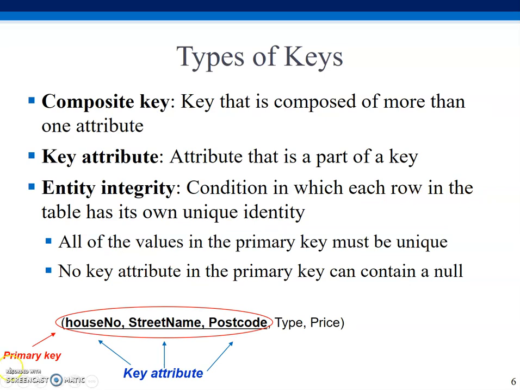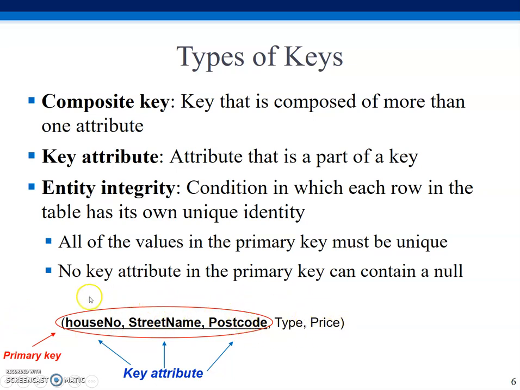There are several types of keys, so let's take a look at the different terminologies. There is this term called composite key. A composite key is a key that is composed of two or more attributes. For example, if I have a relation or table called property, and this property table has house number, street name, postcode, type, and price.